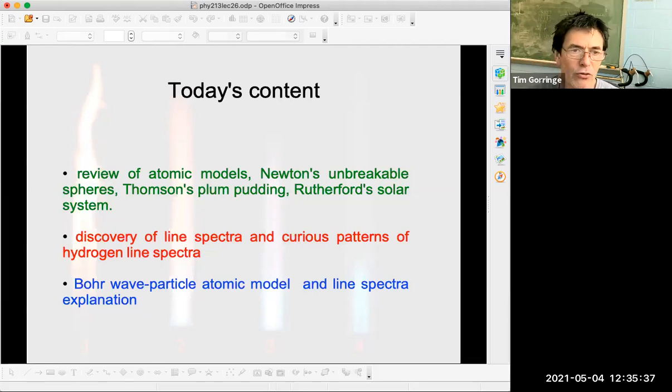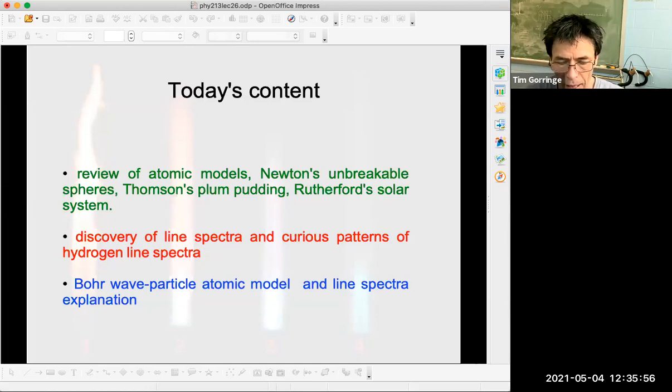We'll move on to more recent ones. One's called the Thomson's plum pudding model. I'll have to explain what a plum pudding model of an atom is. And the other one was Rutherford's solar system model. And I'll explain what a solar system model of an atom is.